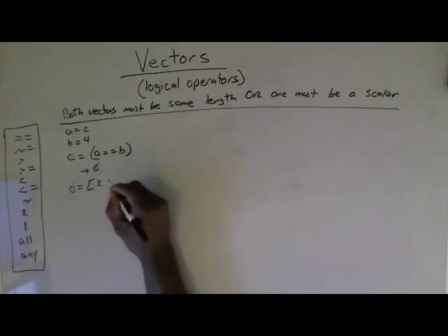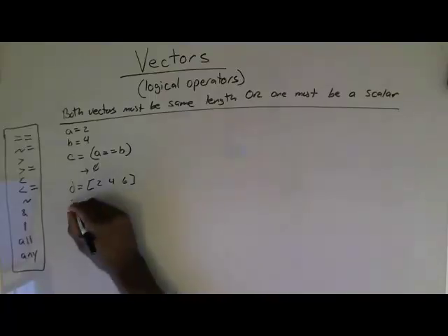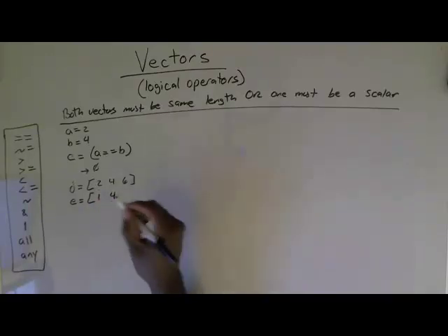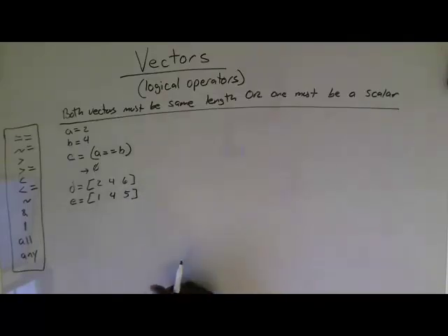Now let's define D equal to the vector 2, 4, 6, and E equal to the vector 1, 4, 5. Okay, so we can do a couple of things here.